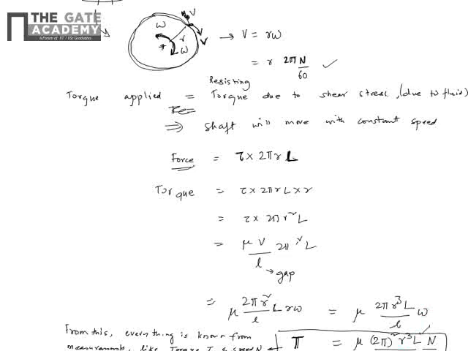So from this, mu can be calculated. Mu is basically your dynamic viscosity.